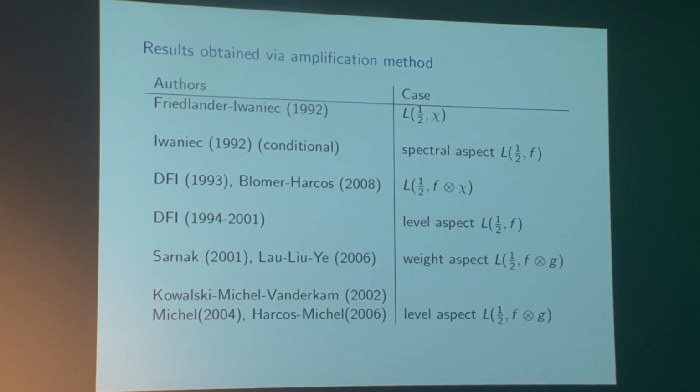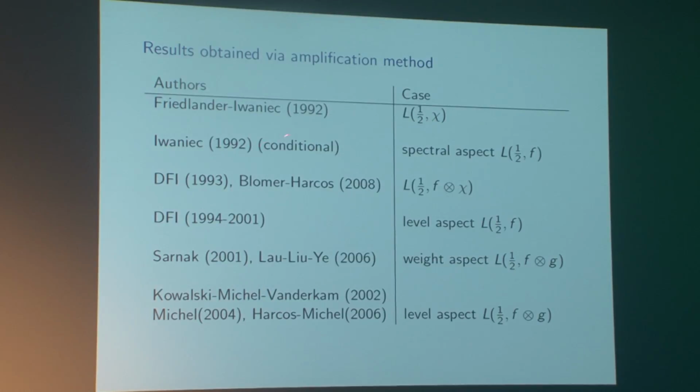The first paper which gives the amplification technique was of Friedlander and Iwaniec from 1992. They gave a subconvex bound for the Dirichlet L-function, which is worse than Burgess, but nevertheless subconvex.